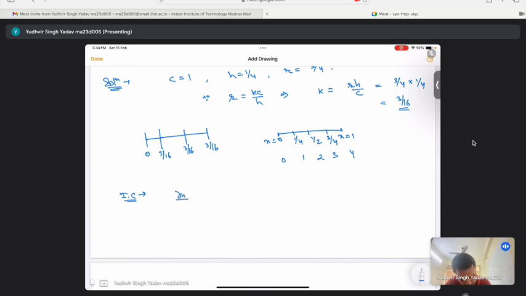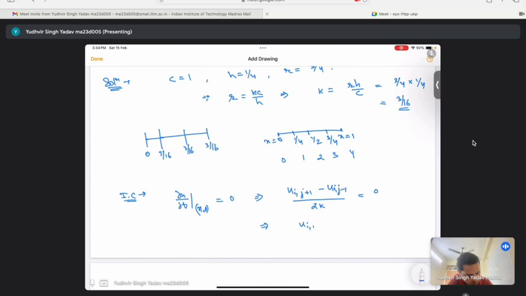It is del u over del t equals 0. Now, using a central difference formula, we will have u(i,j+1) minus u(i,j-1) over twice of k equals 0.